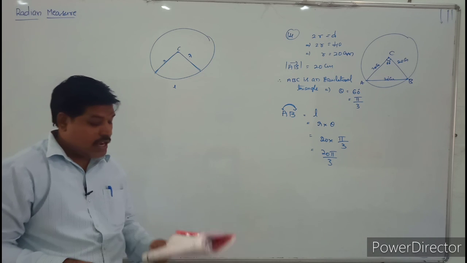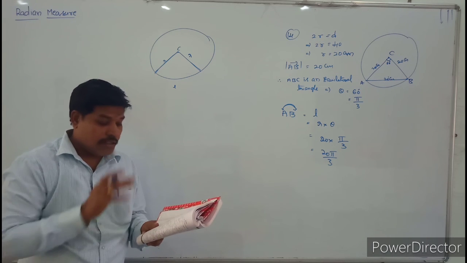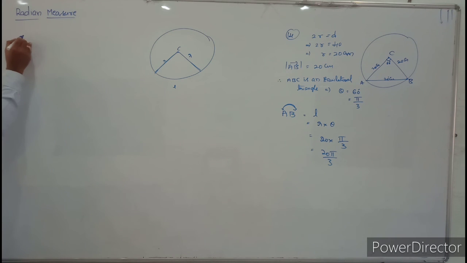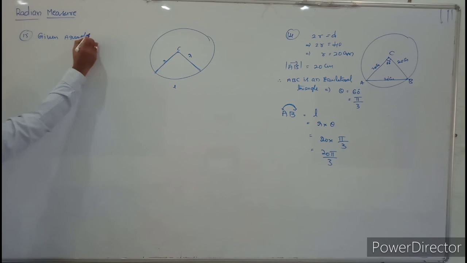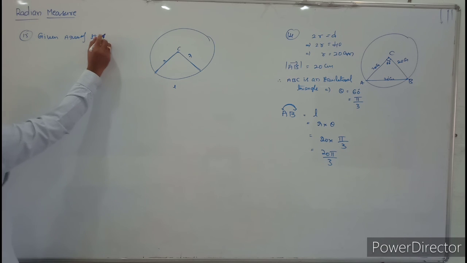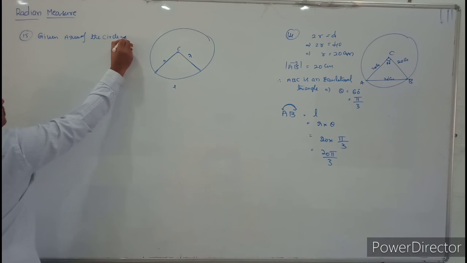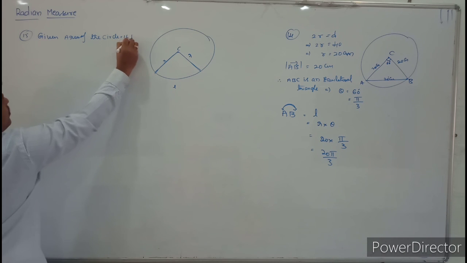Do you understand, students? In the question, what are they giving? First they are given the area of the circle is equal to 16 pi.